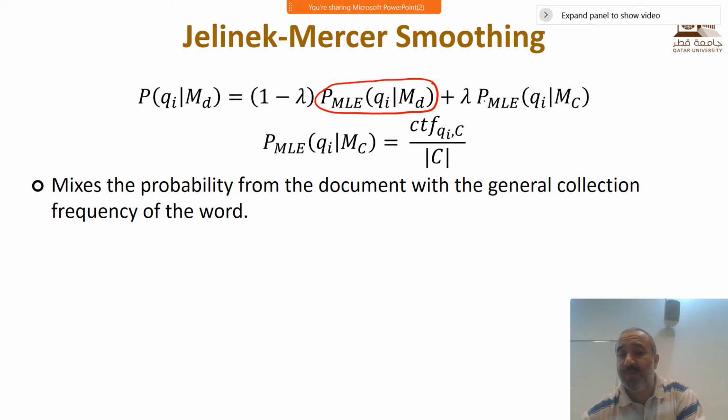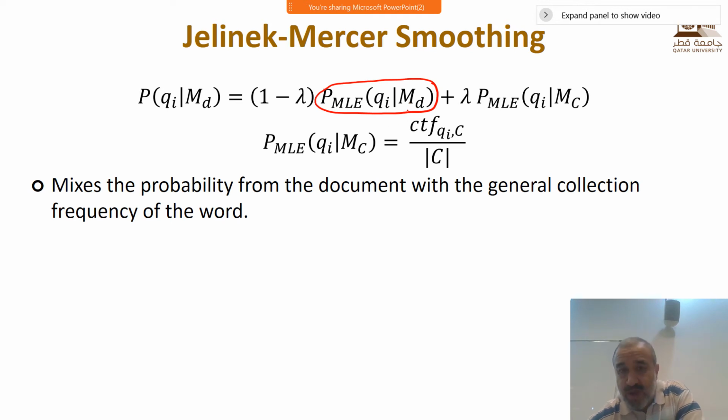It will be distributed based on how the word appeared in the collection as a whole. So this term is the maximum likelihood estimate of the query term in the model of the document.